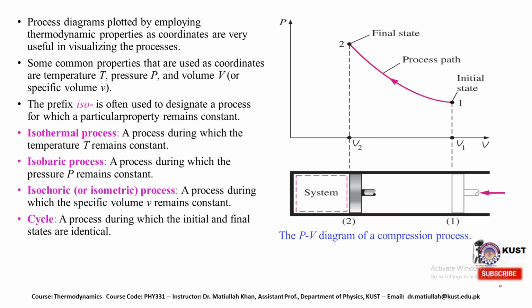We have different processes described, like isothermal, isobaric, isochoric or cyclic processes. The prefix iso defines what is constant: temperature in isothermal, volume in isochoric, and pressure in isobaric processes.